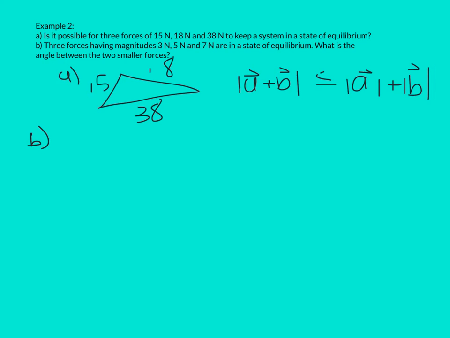So we're going to combine 3, 5, and 7. And of course, if you're drawing these to scale, they won't be too hard to do. 3, 5, and 7.